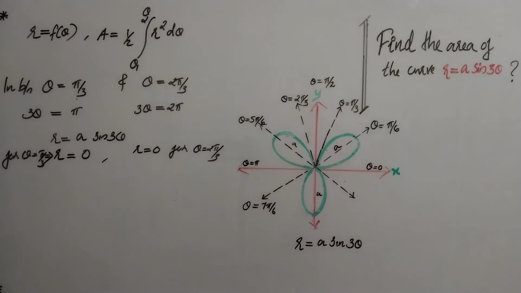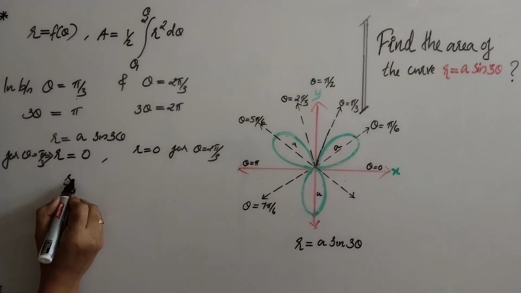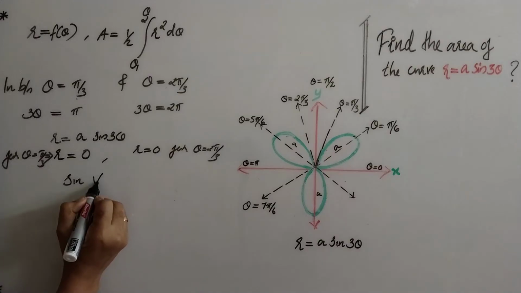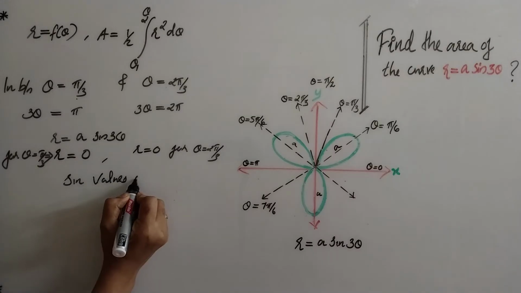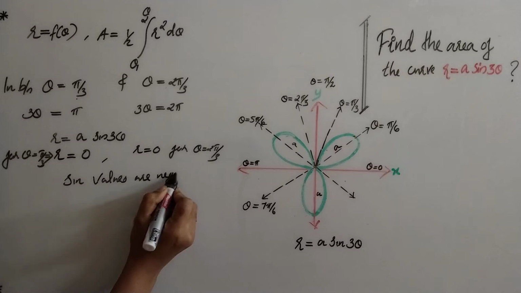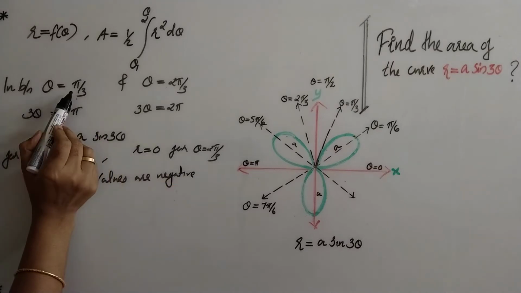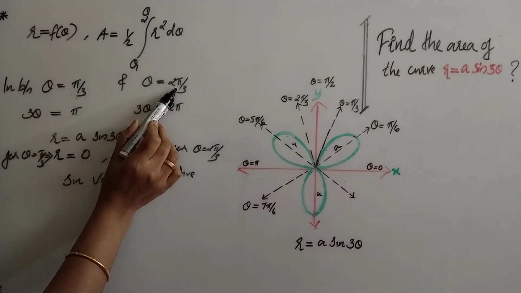That is, for the values of theta between theta is equal to pi by 3 and theta equal to 2 pi by 3, sine values are negative.